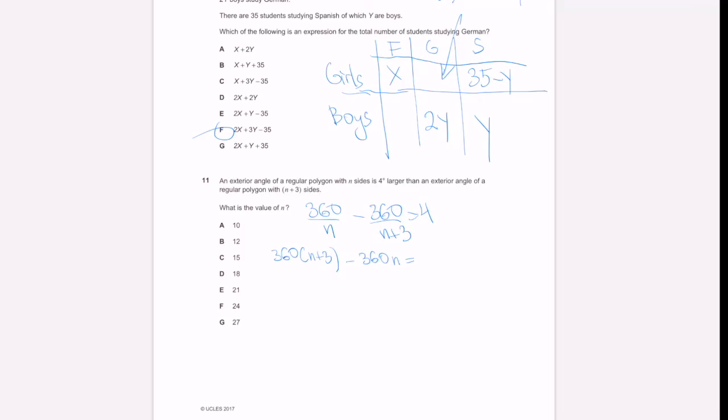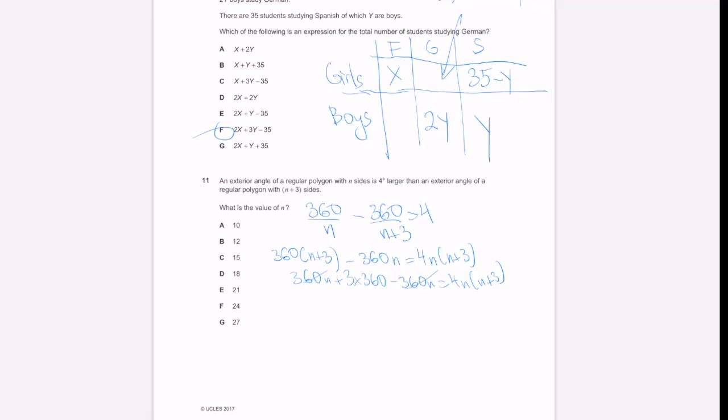What is that going to be? That would be 4n(n plus 3). So 360n plus 3 times 360, take away 360n, is going to be equal to 4n(n plus 3). Okay, some of these are going to cancel out, which is nice.